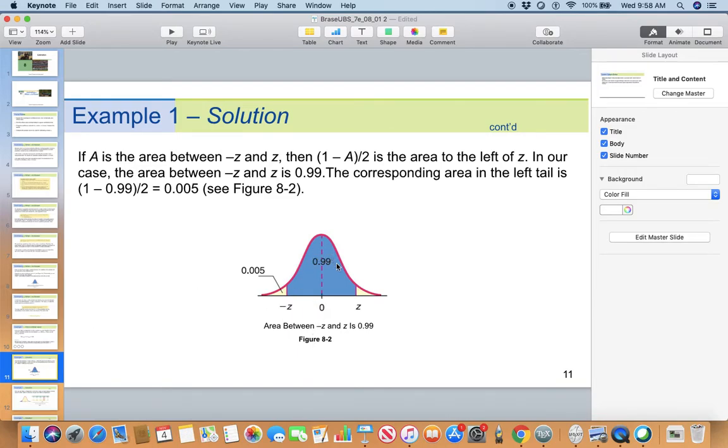You see this is 99%, so you have 1% left over, split equally between the two tails. So 0.5% is the left area, and 0.5% comes to 0.005. Using your table, you need to find the value for which the area to the left is 0.005.